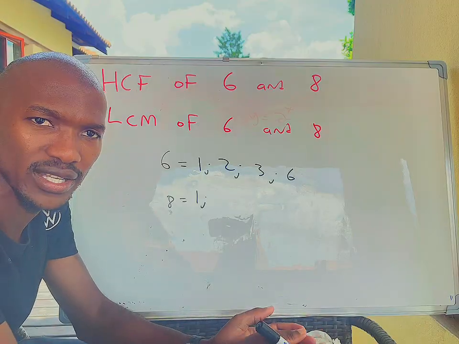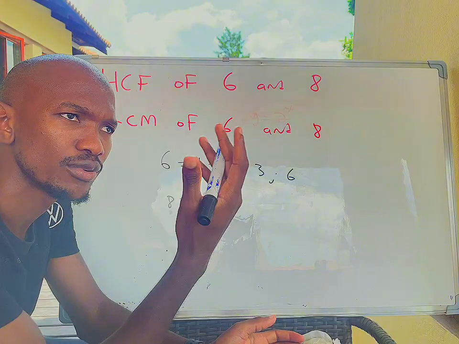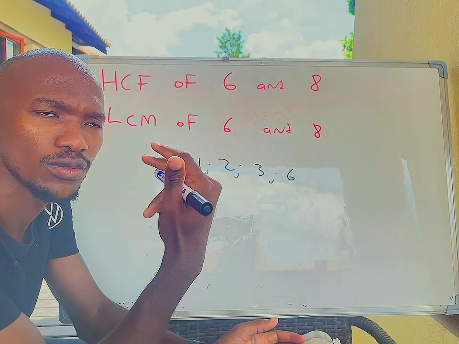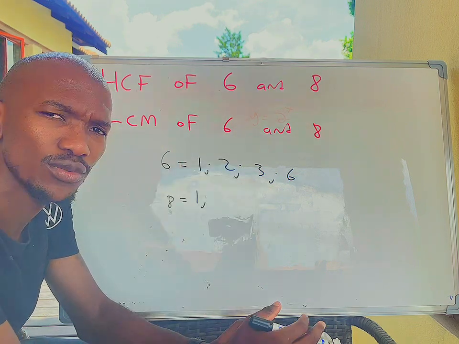And then there might be other numbers. Remember, we deal with even numbers, odd numbers, prime numbers, composite numbers. You have to know all those things so that they can help you deal with these problems as well. But don't worry, we'll cover those as well.